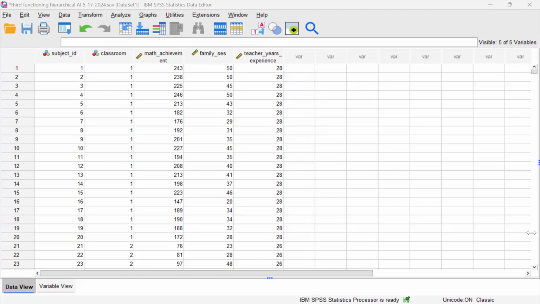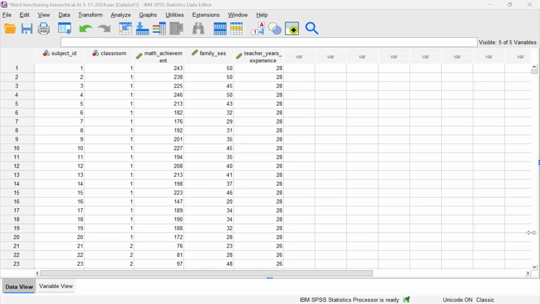That's terrific. And now you see that because we've added a predictor, the intercept is different, which is very common in multiple regression. As you add predictors, the intercept may change. And we're asking the first question, is the fixed effect of family SES a significant predictor of math achievement?